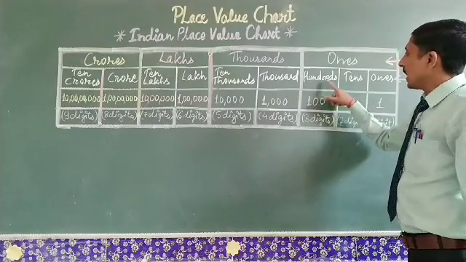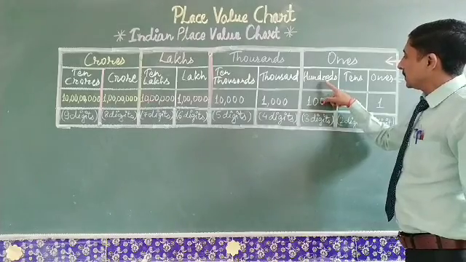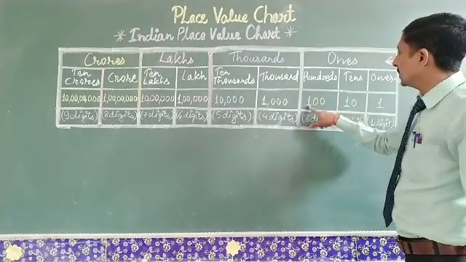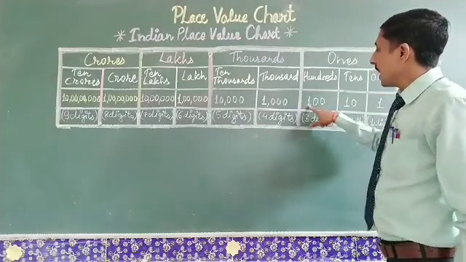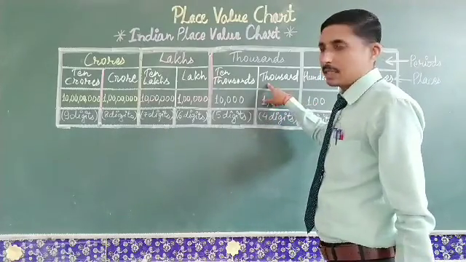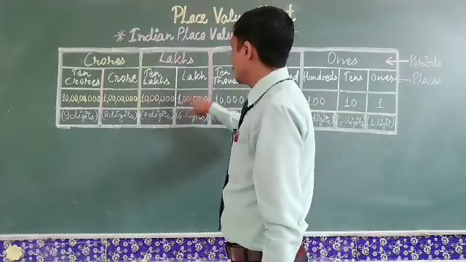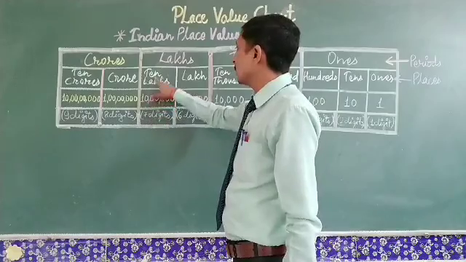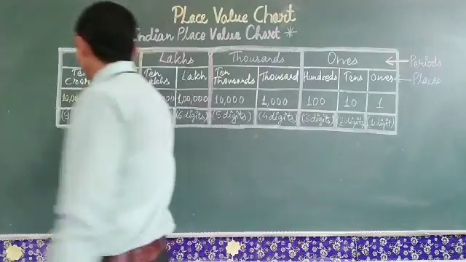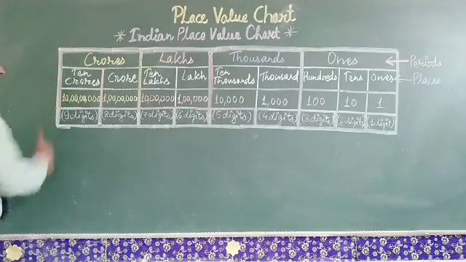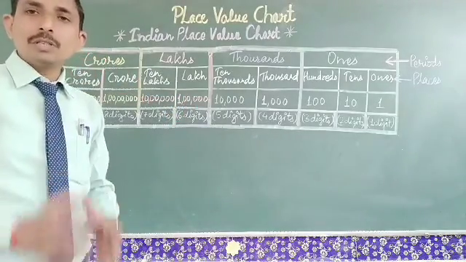The three-digit number has the highest place hundred, the four-digit number has the highest place thousand, and the five-digit number has the highest place ten thousand. The six-digit number has the highest place lakh, the seven-digit number has the highest place ten lakh, the eight-digit number has the highest place crore, and the nine-digit number has the highest place ten crore.